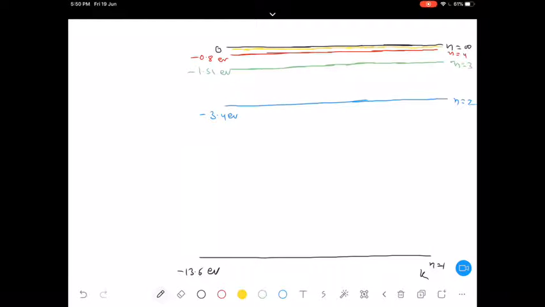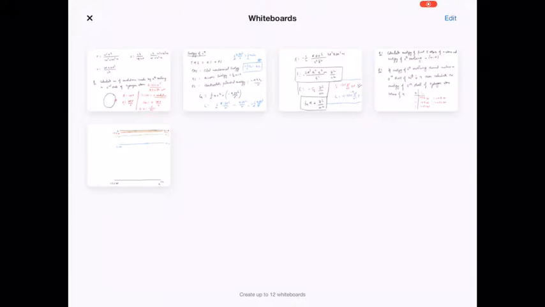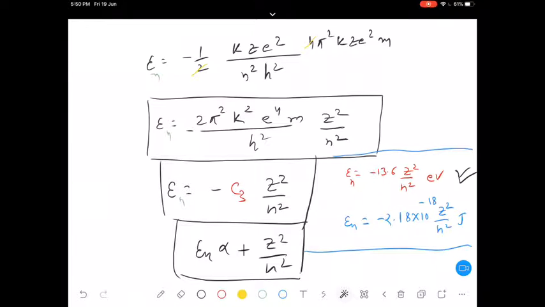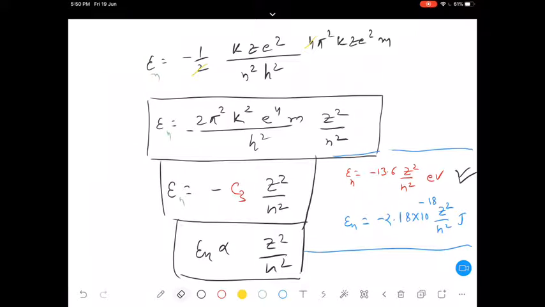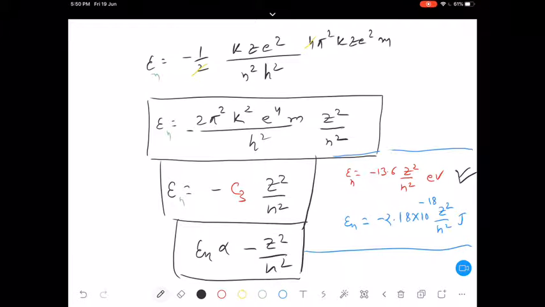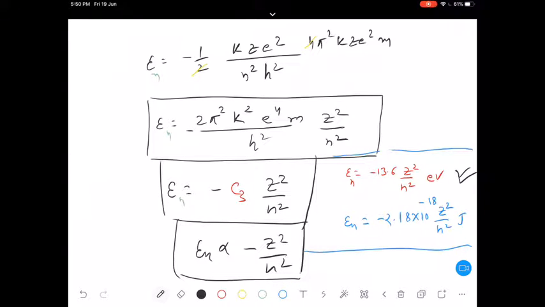You observe, either with the help of the formula, energy is directly proportional to minus of Z square by n square.